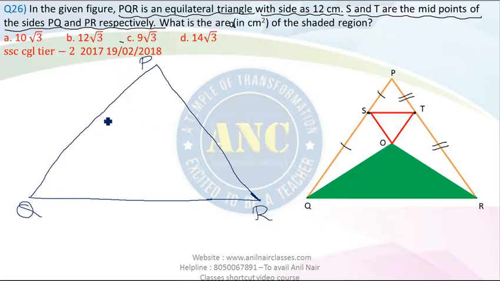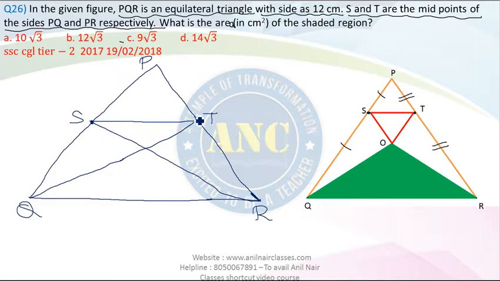If I take this midpoint somewhere here as S and this midpoint somewhere here as T, now S and T are the midpoints, and I have a diagram. They are joining QT here, they are joining SR here. They have also joined the midpoints ST, and this intersection point I will call O, for example.